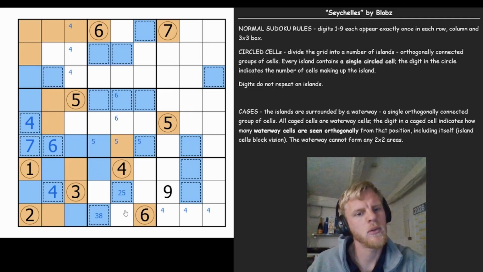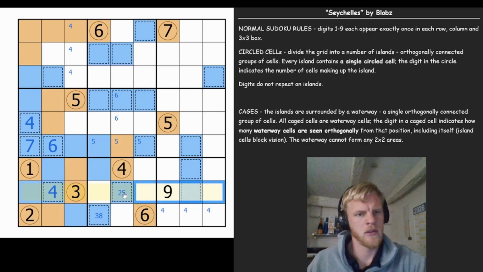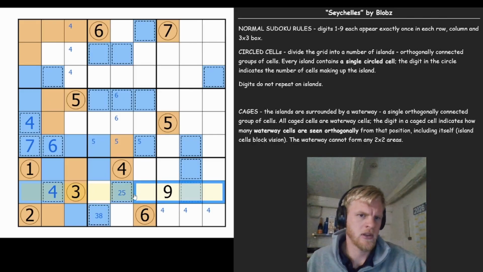But that also means it can't be those four and 5 because then the 6 doesn't have enough space.